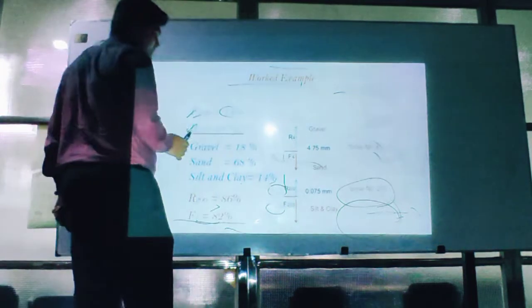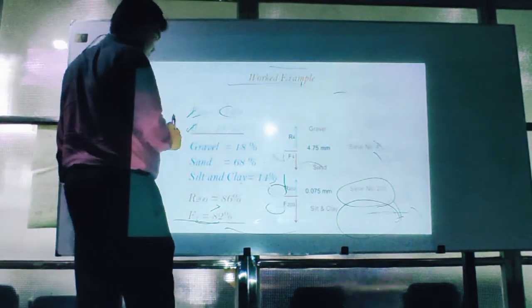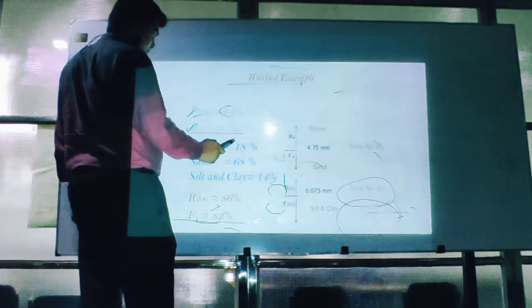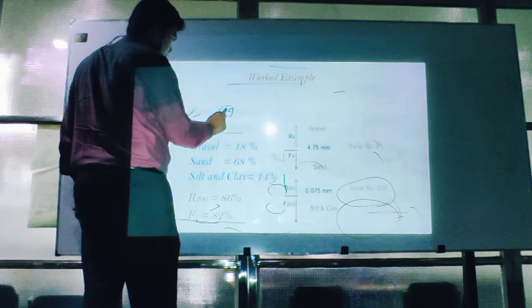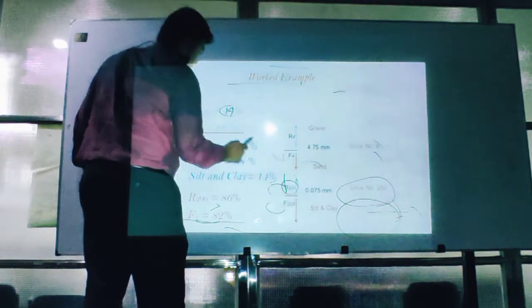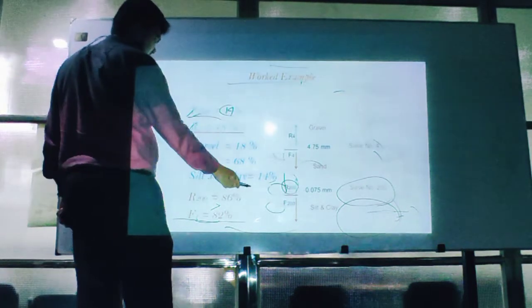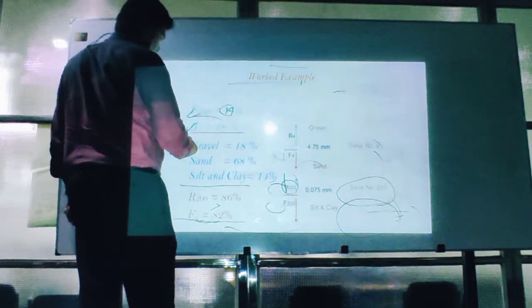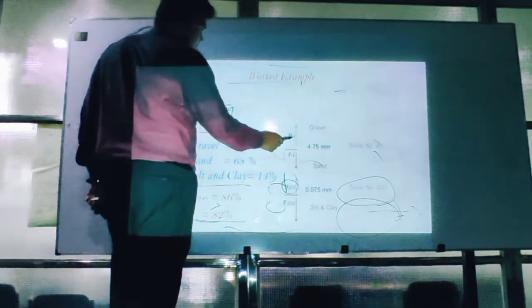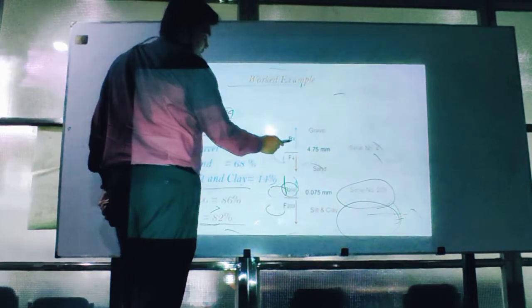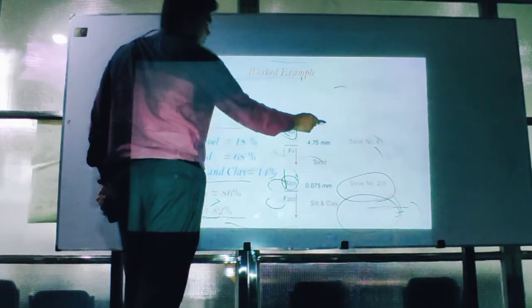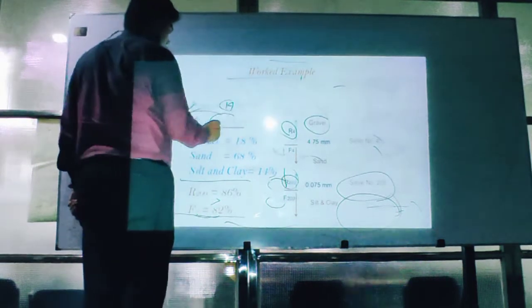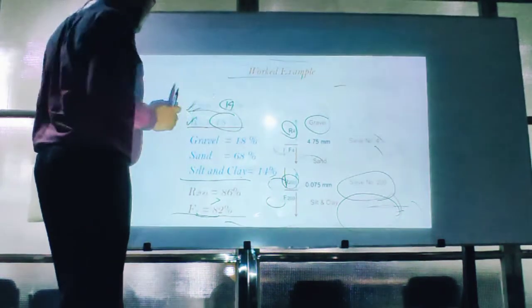That means this is just the fine particles. Then R4. R4 means the rigid particle above 4.75 millimeter. We said that the rigid particle above 4.75 millimeter is gravel. That means our gravel portion is 80%.